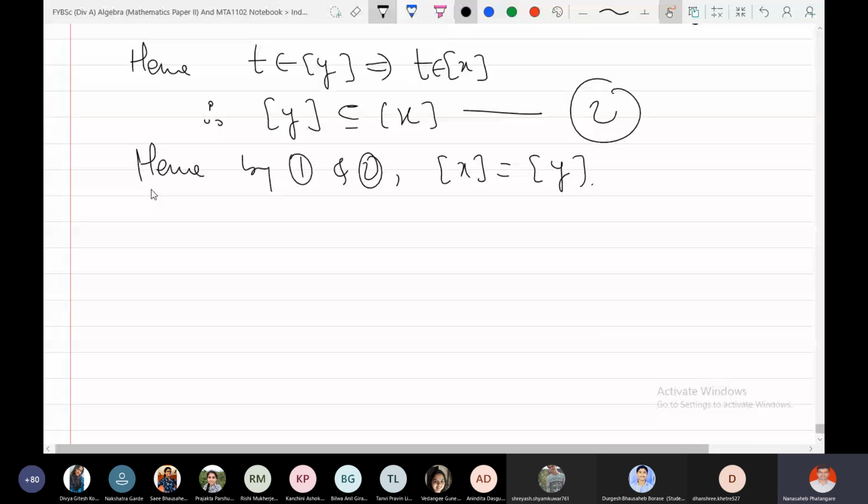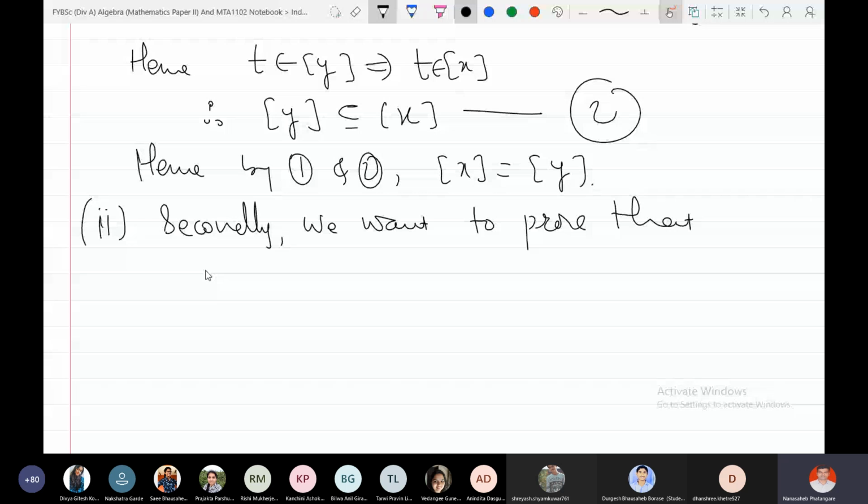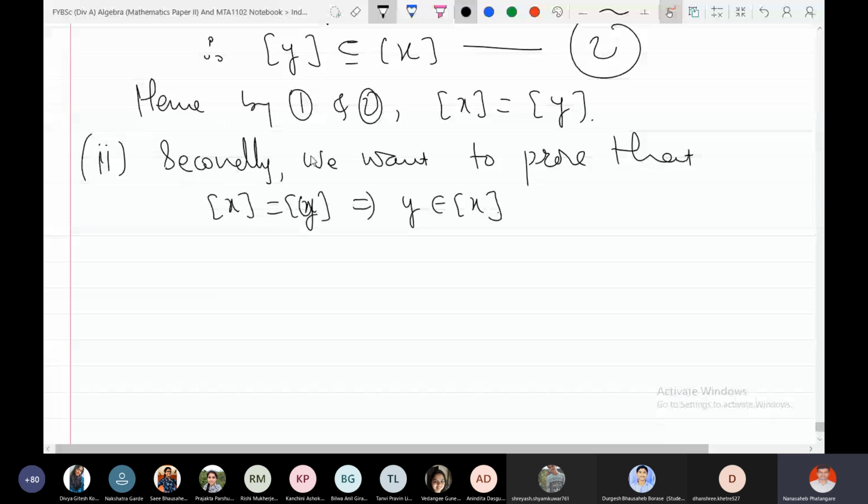Secondly, we want to prove that if the classes of two elements are equal, then the member is, but this is obvious. This we want to prove, but it is very easy to see.